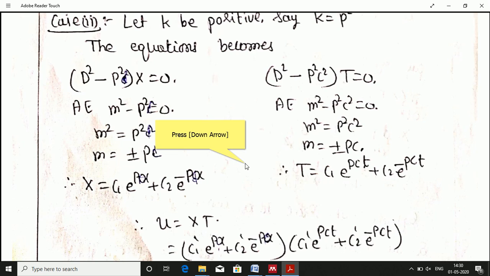So the solution for capital X is X = c1 e^(px) + c2 e^(-px).